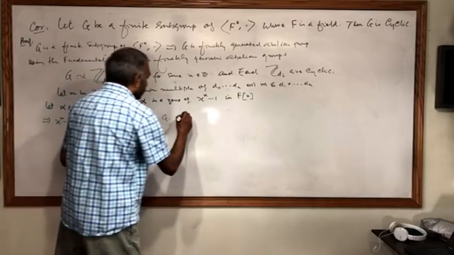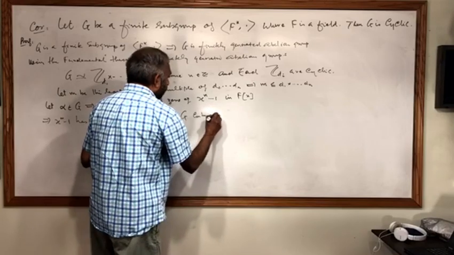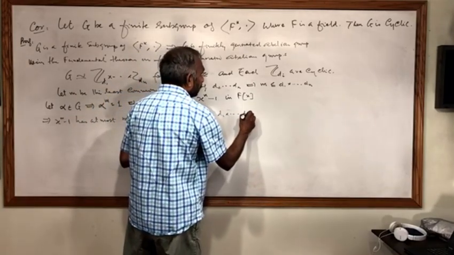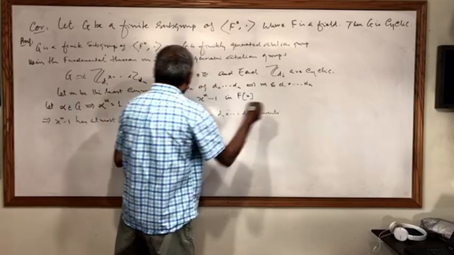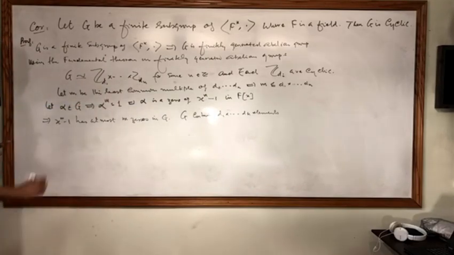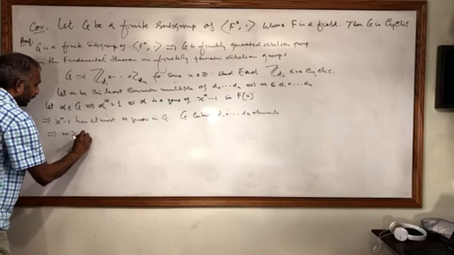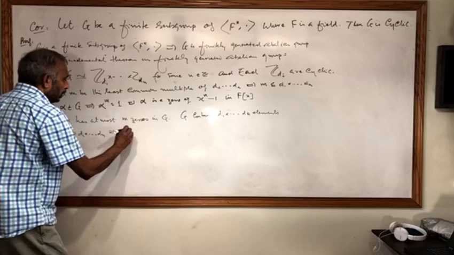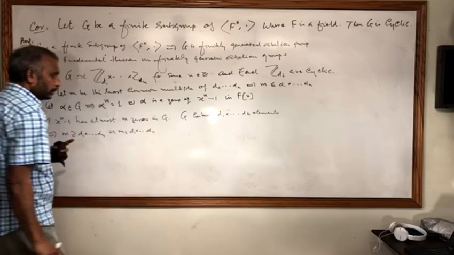And G contains d1 times d2 ... times dn elements, because G is isomorphic to this. That implies m is greater than or equal to d1 times ... times dn, and that implies m is equal to d1 times ... times dn.